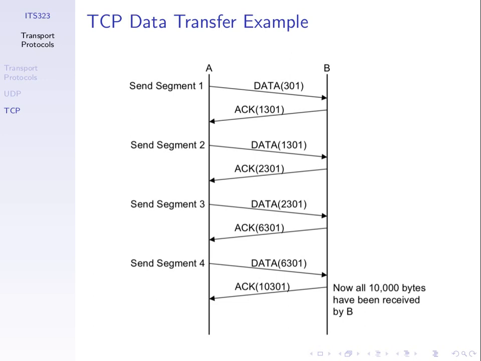So conceptually you can think the first byte is 10,301, the second byte is 10,302, 10,303. If you keep counting those bytes, the last byte would be what sequence number? 12,300. If we start at 301, 302, the last byte would be 12,300.